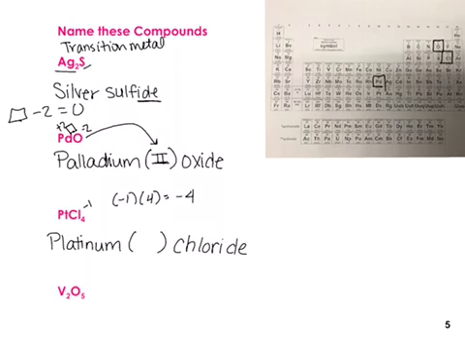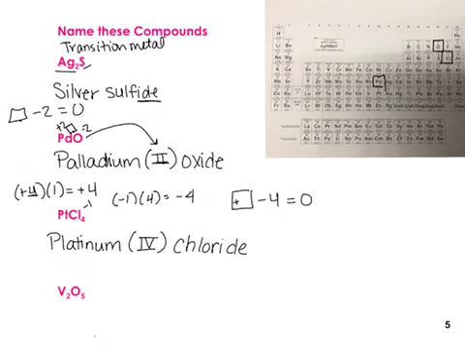So platinum's charge is a positive something, -4 has to equal 0. So in this case, since there's only 1, plus something times the 1 platinum ion has to equal that +4. So our platinum charge is 4. And again, in Roman numerals.